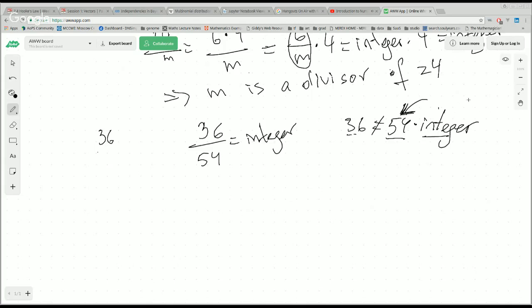If your integer is 0, the result is 0, which again is not 36. So this cannot happen. So you know that your divisors are going to be smaller than 36. Okay, the positive divisors are between 1 and 36. This intuitively makes sense. We know this intuitively, but this can be thought of as an argument as to why that has to be true. Okay?